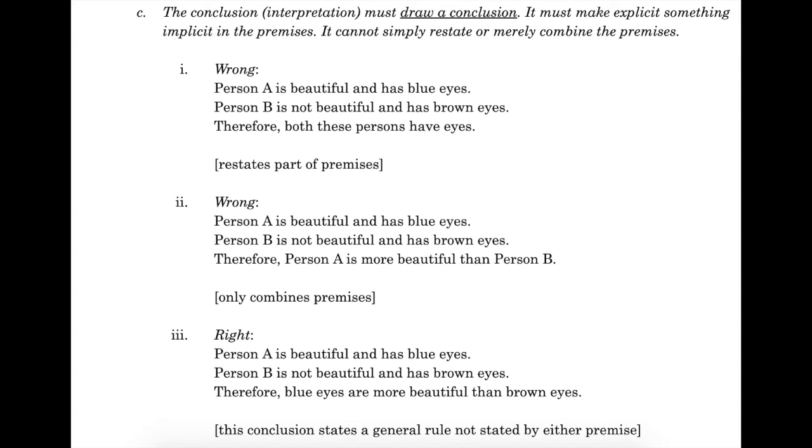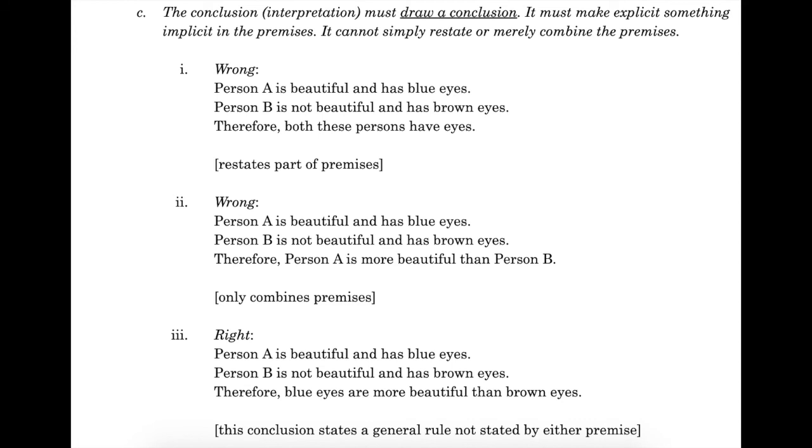Another example, person A is beautiful and has blue eyes. Person B is not beautiful and has brown eyes. Therefore, person A is more beautiful than person B. Again, this only combines parts of the premises. This is only adding two things that are already stated explicitly. The right way, again, would be to conclude that blue eyes are more beautiful than brown eyes.